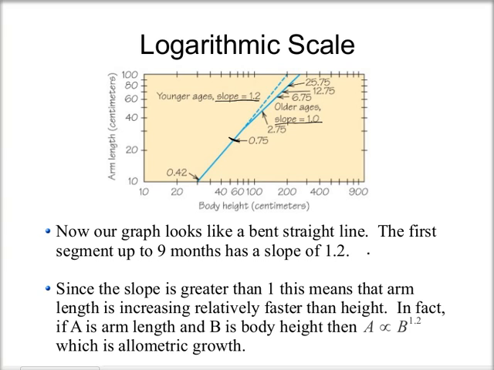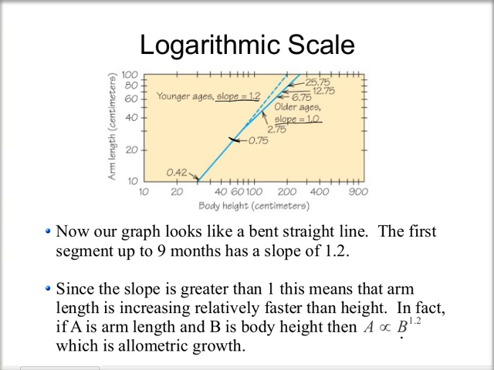Since the slope is greater than 1, this means that the arm length is increasing relatively faster than height, which is what we should expect since the arm gets longer in relation to height as you get older. In fact, if A is the arm length and B is body height, then they have this relation here.